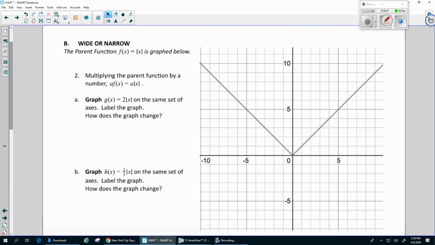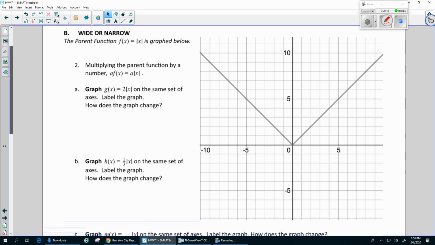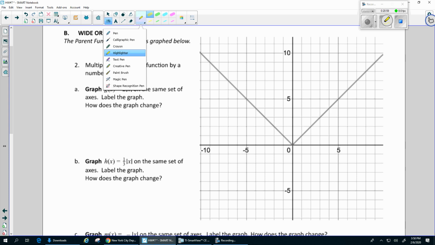Well, now let's look at wide and narrow functions. So again, we have our original parent function, f of x equals the absolute value of x. And we're going to think about multiplying f of x by a number, a. How will this affect the graph? Make a prediction.